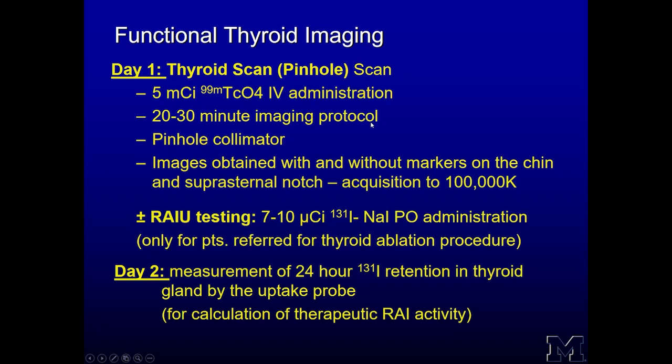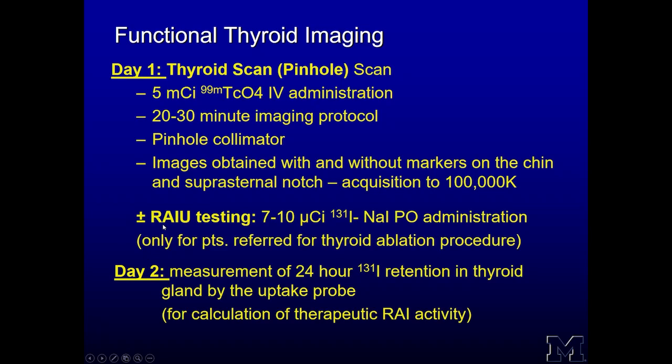Immediately after radiotracer injection, it is done with a pinhole collimator, obtaining imaging in anterior projection and right and left lateral oblique projections. Images are obtained with and without markers on the chin and suprasternal notch, usually for acquisition to 100,000 counts.